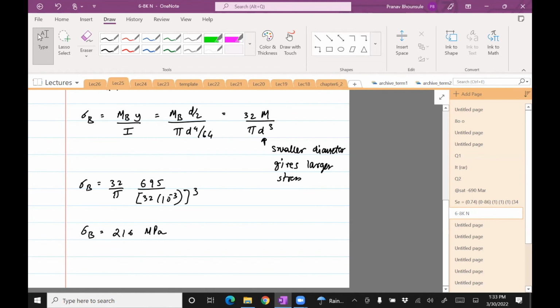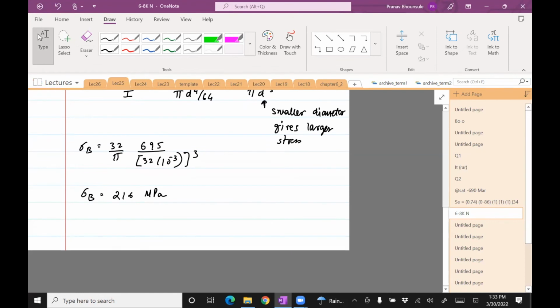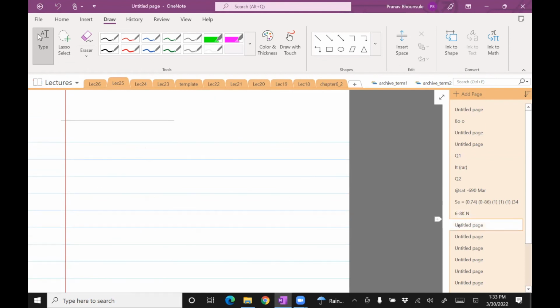Okay, we're not done yet. We need to ultimately compute the stress at B due to fatigue loading. If there was no stress concentration, then this would be the stress you'd use in the equation. But since there is a change in geometry, we need to compute Kf. So next is to compute Kf. The stress SF will be Kf times sigma b. Sigma b, we've computed that.